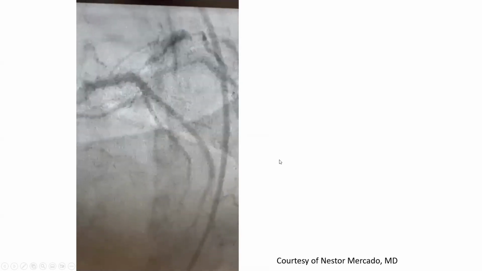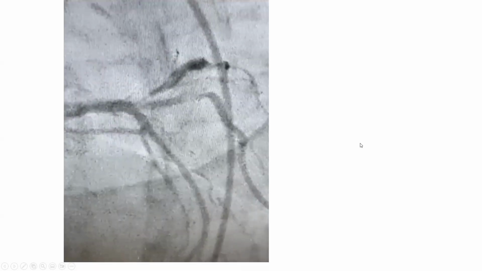One simple technique one may consider is to do provisional strategy with stenting from left main to LAD and just wire protect the other branches.